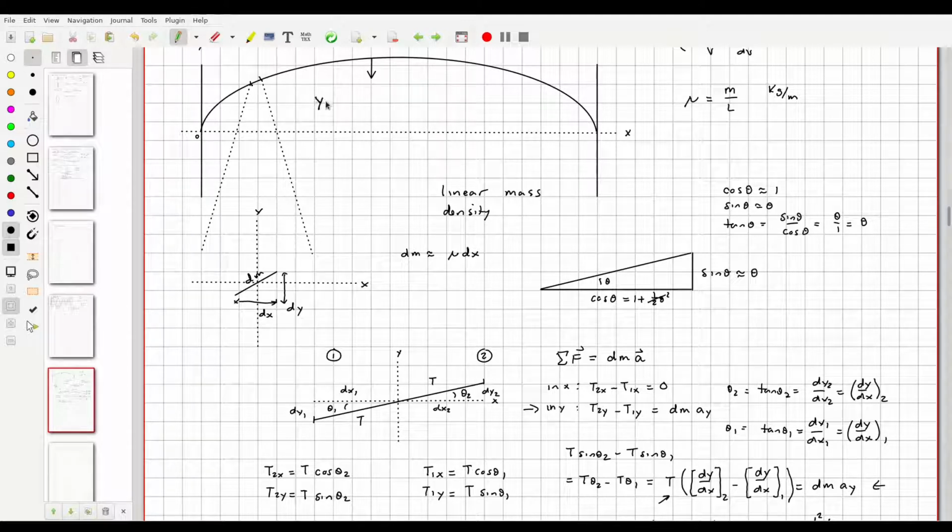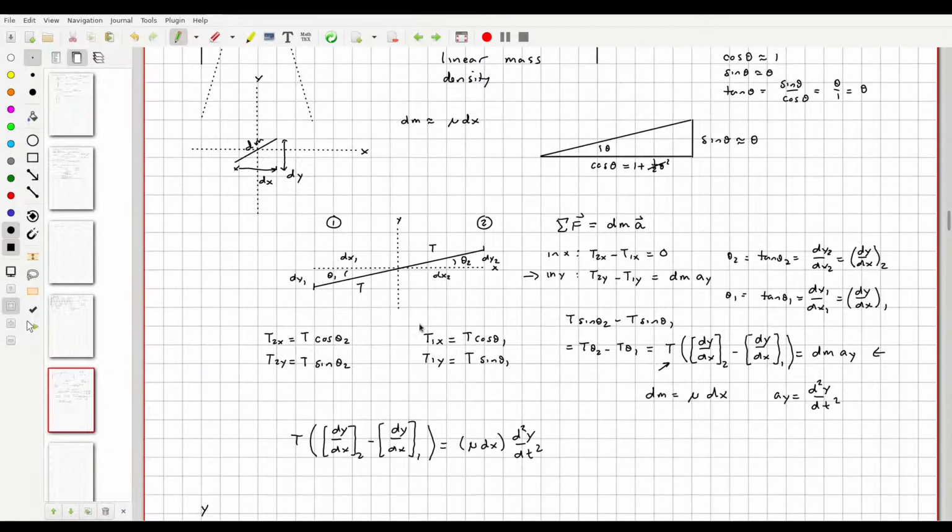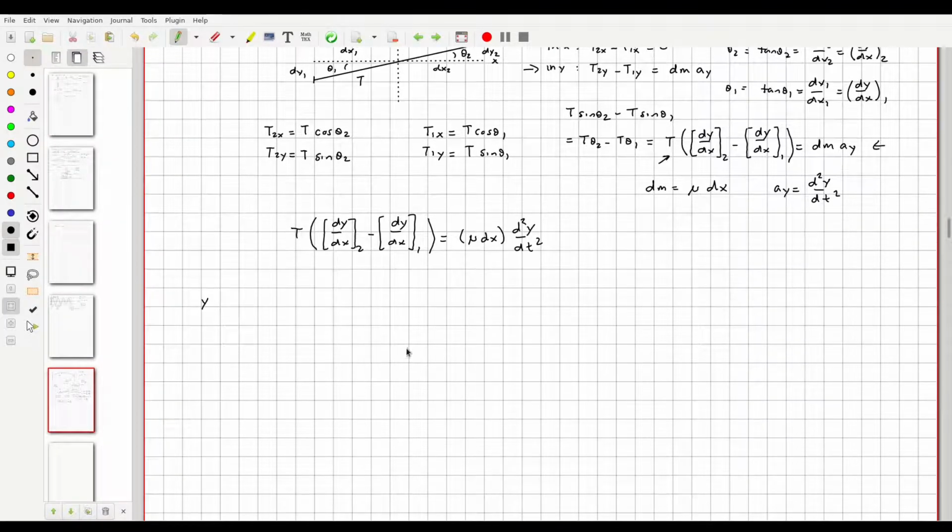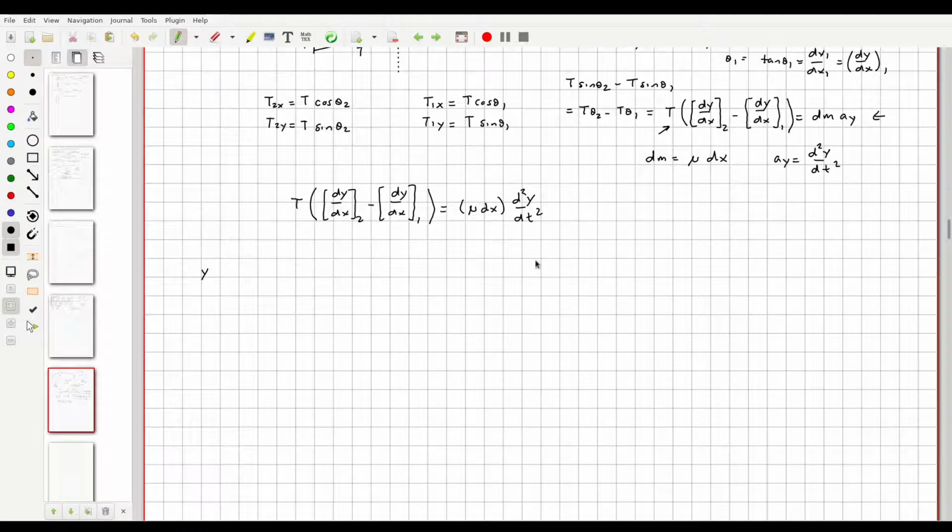So y clearly is going to be a function of position and of time. But look, we're taking derivatives here in position and also in time. Now, there is a technique in calculus called partial differentiation, where when you take a derivative, you hold everything fixed except for the thing that you're taking the derivative of. So for example, let's pretend that your mathematical function looked like x times y.